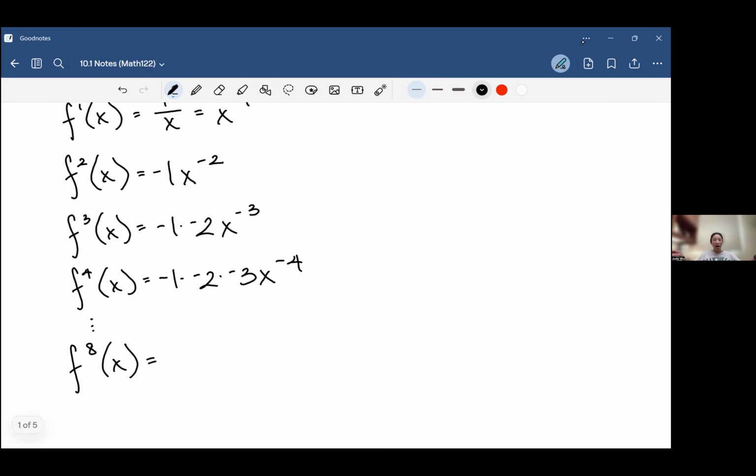So like pick a higher derivative and think about if you have enough derivatives to help you come up with a pattern.